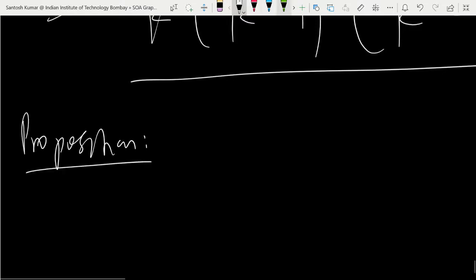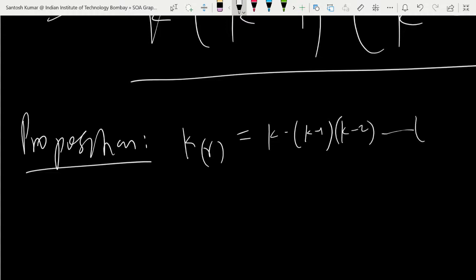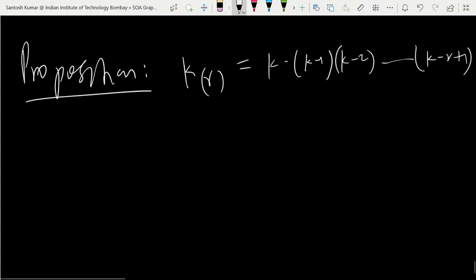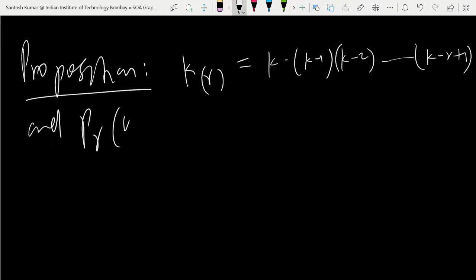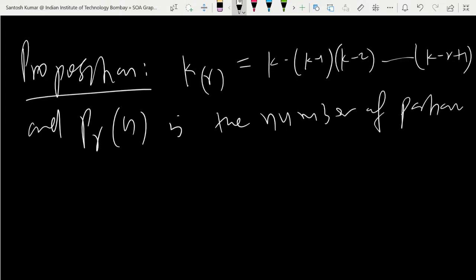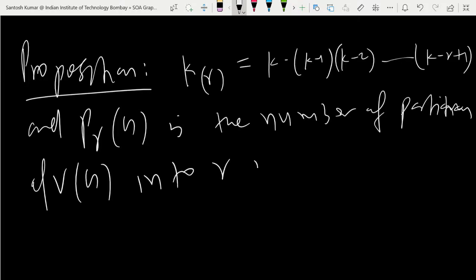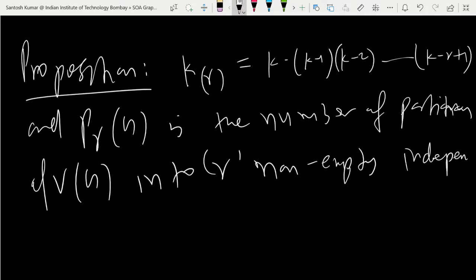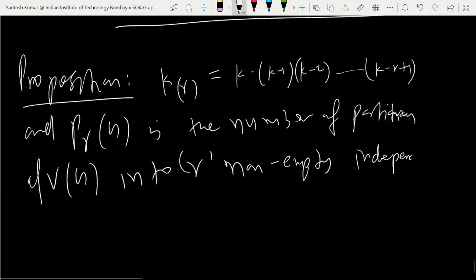So the proposition was: K_r for us was K, K minus 1, K minus 2 till r terms, so K minus r plus 1, and P_rG is the number of partitions of the vertex set into r non-empty independent sets.